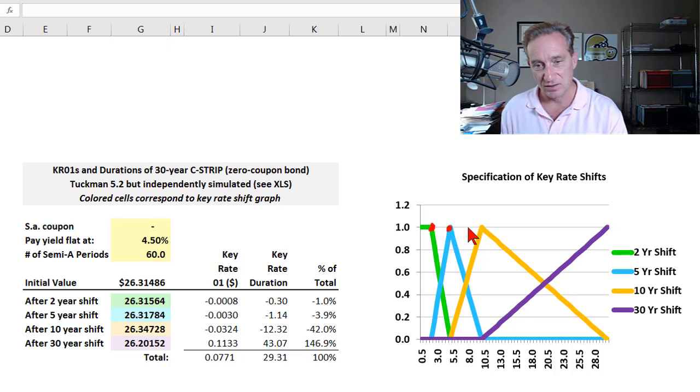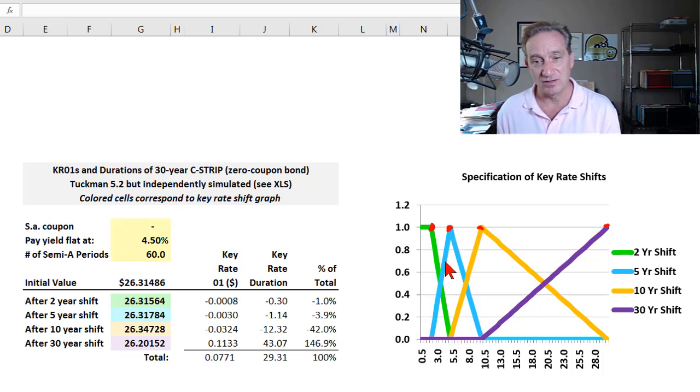1, 2, 3, 4. The neighboring rates, and these lines here, are governed by a simple interpolation rule. For 2 years and less, we stay at 1 basis point, and then there's an interpolation going down to 0 at 5 years, because that's where the 5-year key rate exists, and it has its own interpolation from 0 at 2 years up to 1 basis point at 5 years.